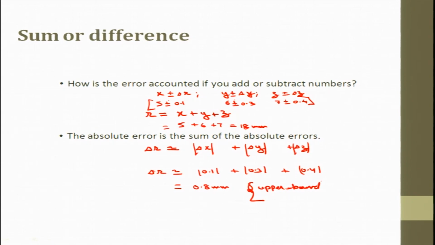So this is delta R. If I need to make it more clear, I can put it as equal to plus minus 0.8 mm.